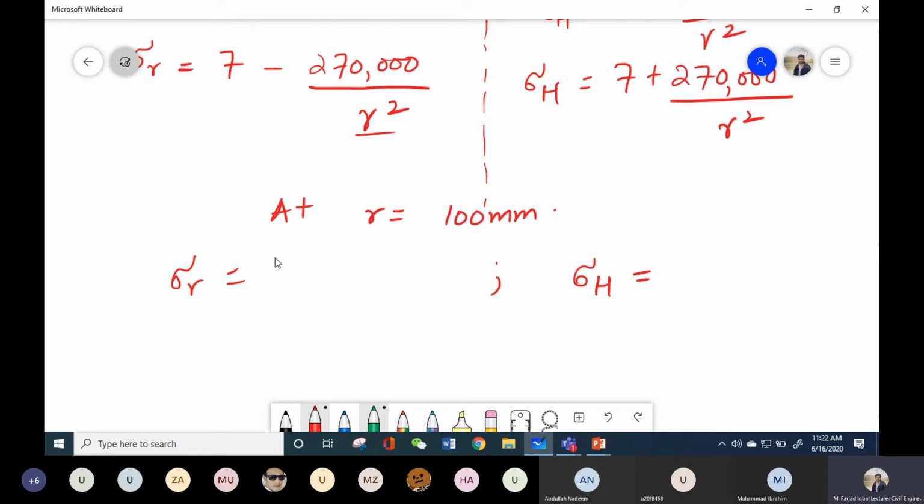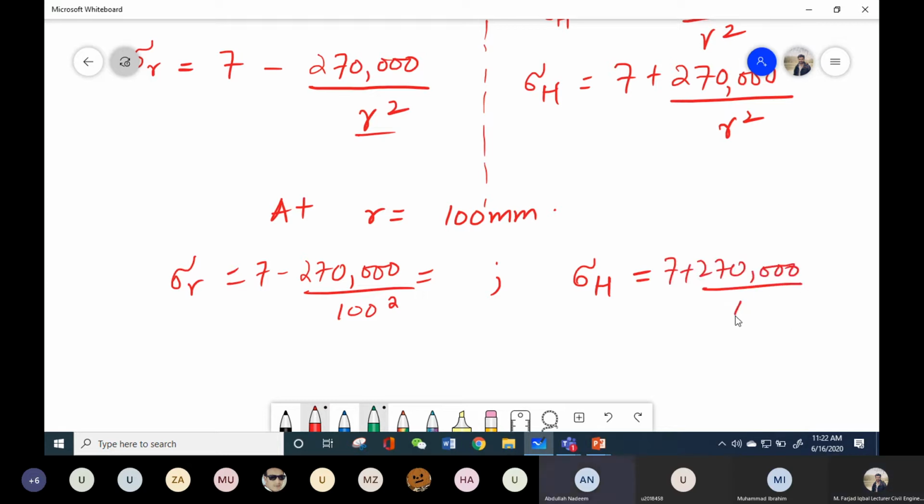Class, is it that difficult? You simply have to apply this formulation. It's a minus 20 sigma r.